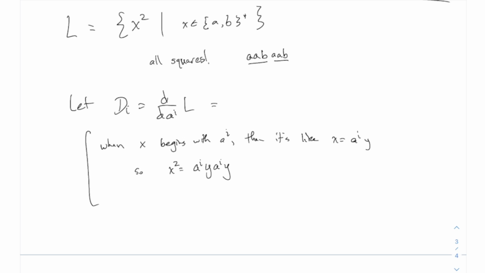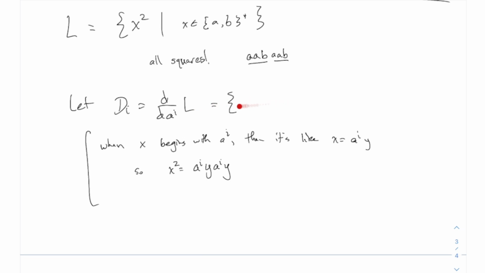Is that a question, or are you going to tell me what? So you can write the derivative of x with respect to A to the I. Is x. Like the derivative of x with respect to A to the I. And I think it means where you wrote L. So just like divide x squared. It's x. I don't understand.